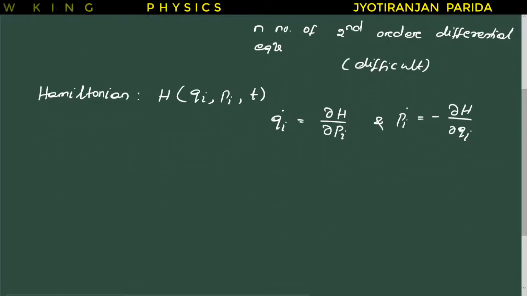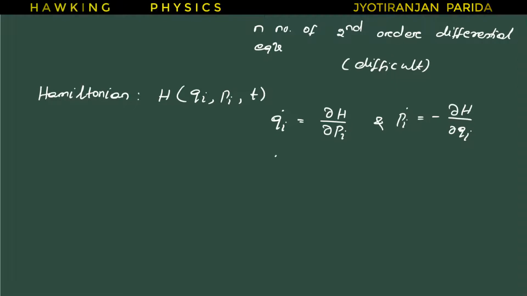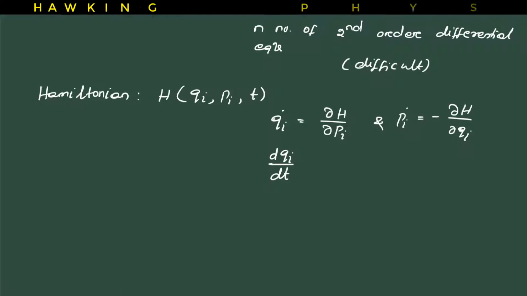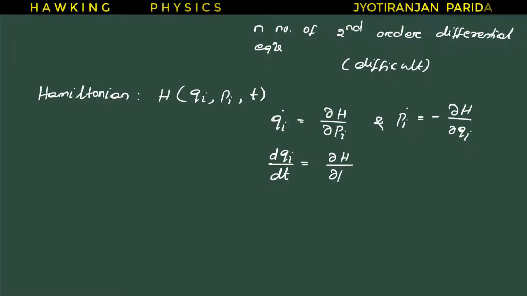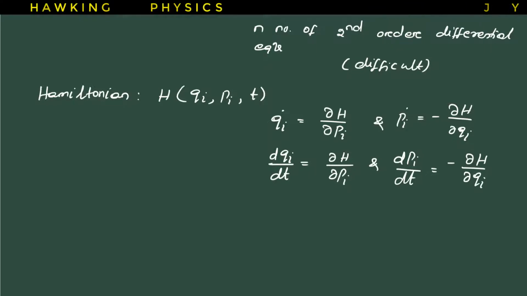Here you can see qi dot means dqi by dt is equal to ∂H by ∂pi, and dpi by dt is equal to negative of ∂H by ∂qi.